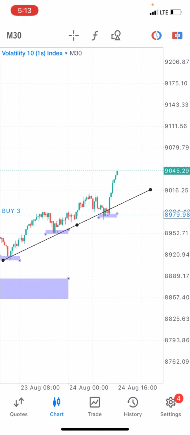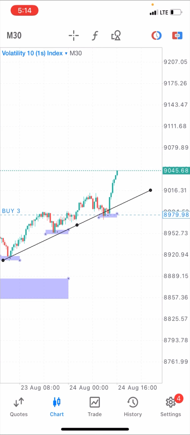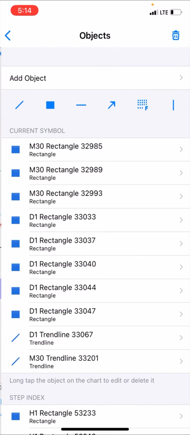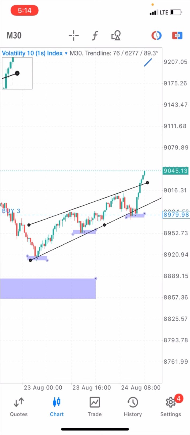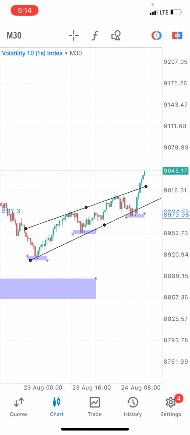What I'm saying is, on the 4 hours time frame, we saw an uptrend, right? We want to look for an uptrend in a lower time frame, like the 30 minutes, like the 15 minutes. All right, now we have another uptrend inside the 4 hours trend that we spotted already, right?